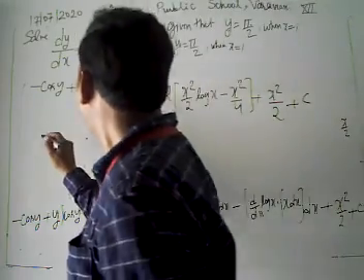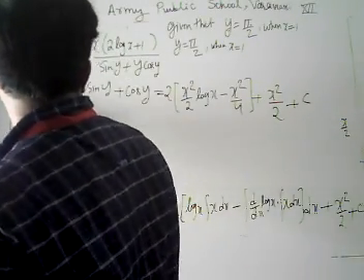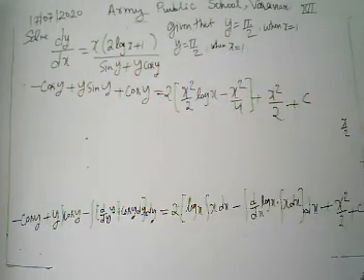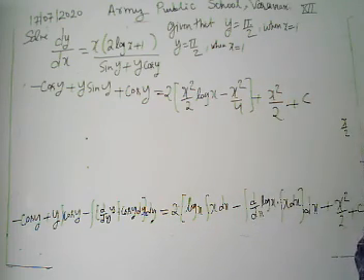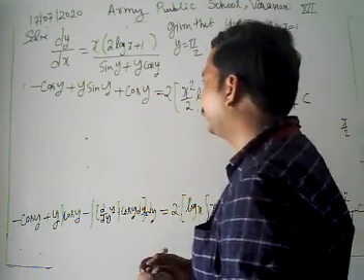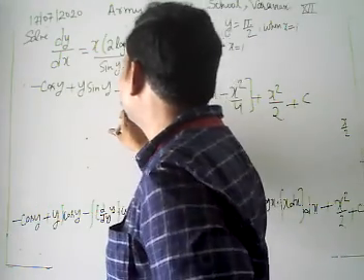Now we are going to solve this. Look, minus cos y and plus cos y are going to cancel each other out. We have minus cos y plus y sin y plus cos y. Rearrange it: minus cos y plus cos y cancel out.